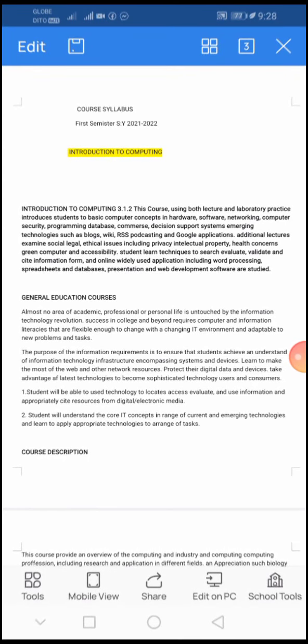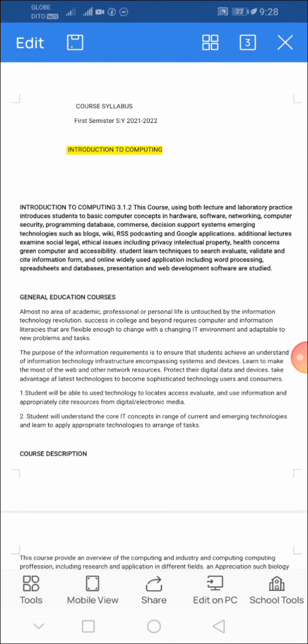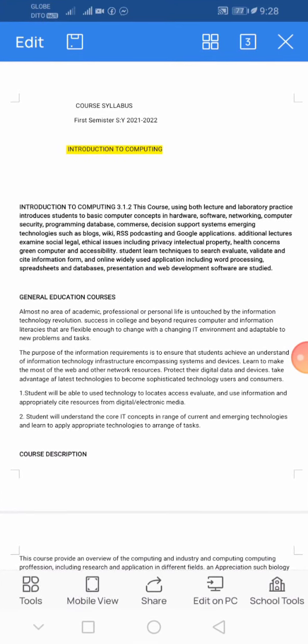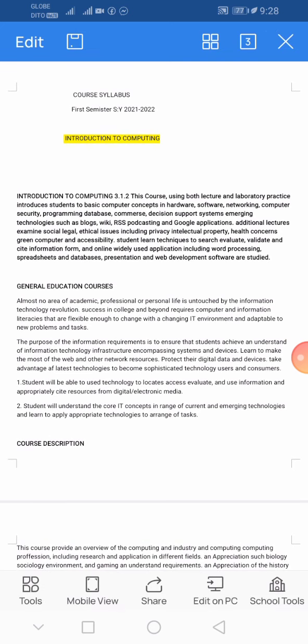Introduction to Computing 3.1.2. This course, using both lectures and laboratory practice, introduces students to basic computer concepts in hardware, software, networking, computer security, programming, database, commerce, decision support system, emerging technologies such as blogs, wiki, RSS, podcasting, and Google applications.